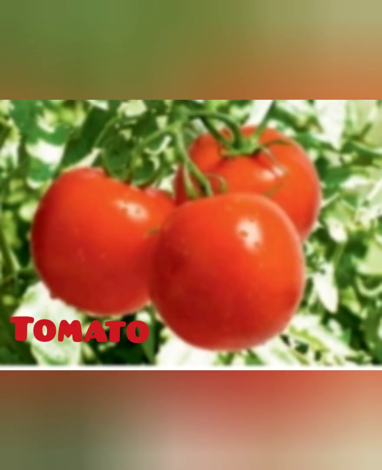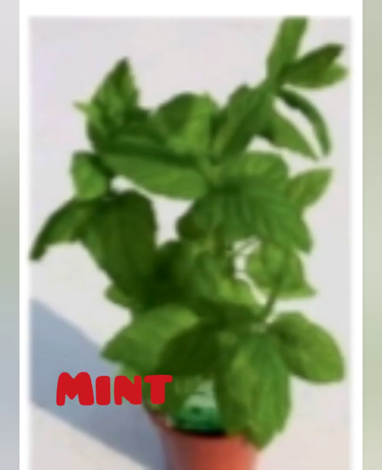They produce flowers, fruits, and seeds in this season only, and after that they die. That means the plant that has a green and thin stem and is not woody is called a herb. And the examples of herbs are tomato, mint, ladyfinger, etc.